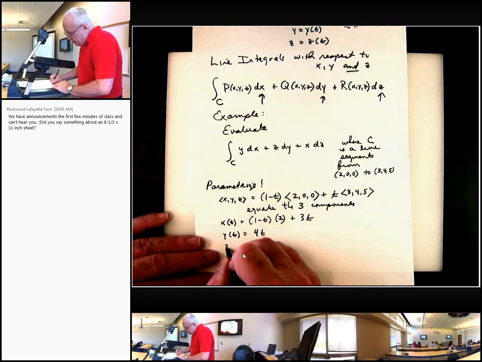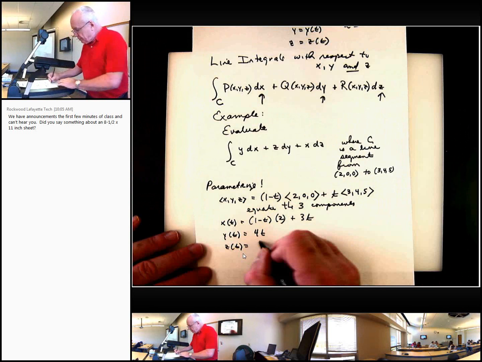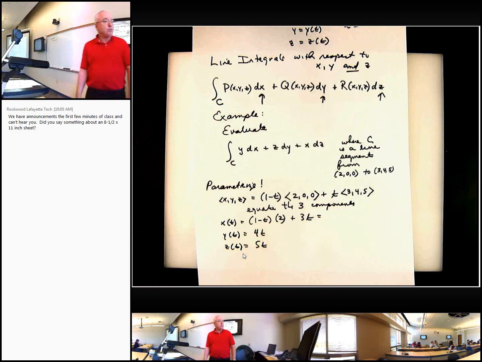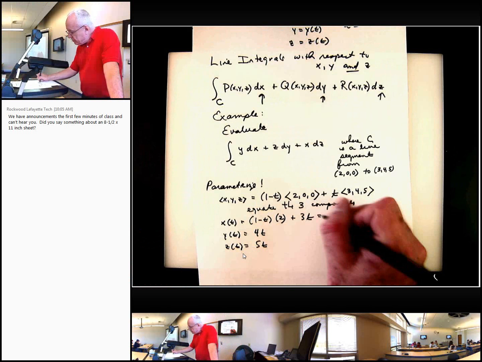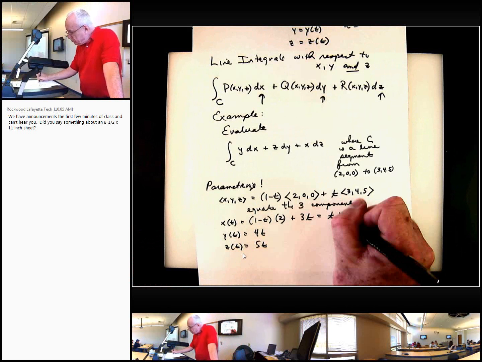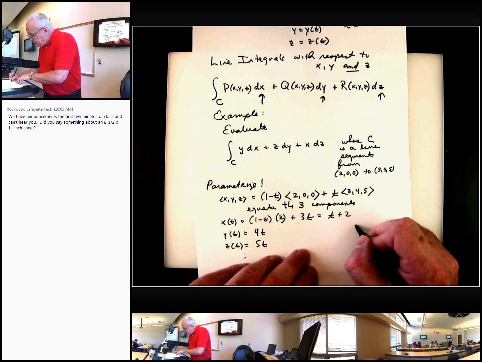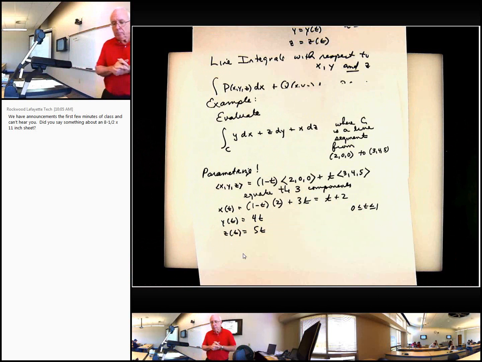And z of t, same deal, we have a 0 there, it's going to be 5t. Now let's simplify that first one. That's 3t minus 2t, so that's t, and then we have 2 times 1, so t plus 2. And now this is for t going from 0 to 1, all right?